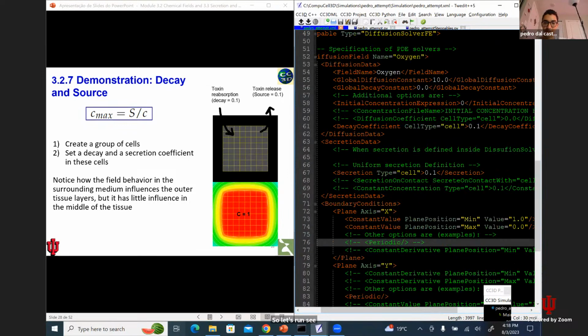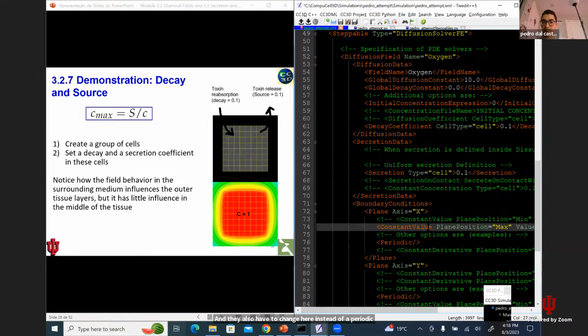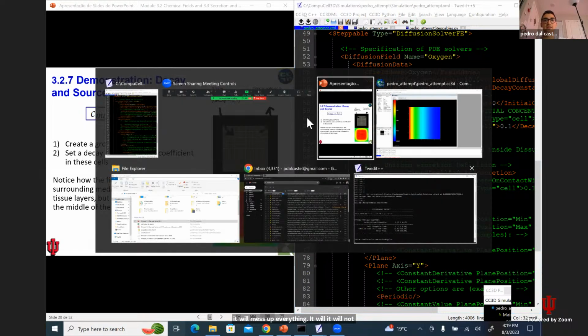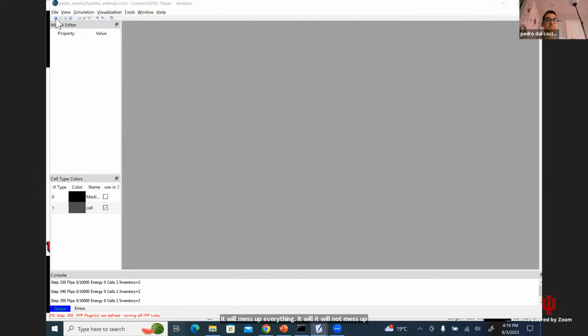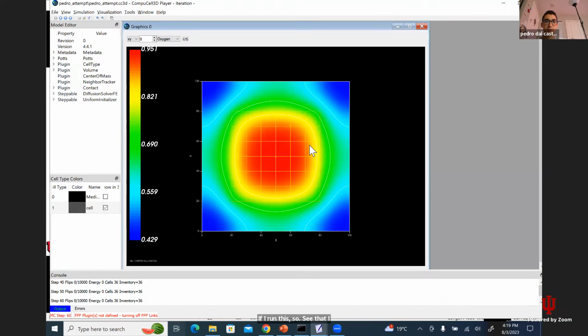I also have to change here, instead of constant value, I will set periodic, otherwise it will not be exactly the result I'm showing in the slide. If I run this, see that I have both decay and source in the tissue. In the tissue, you can see that the value holds at 1 mostly.